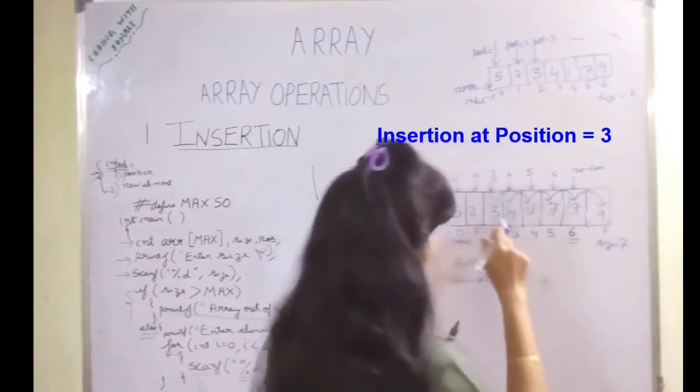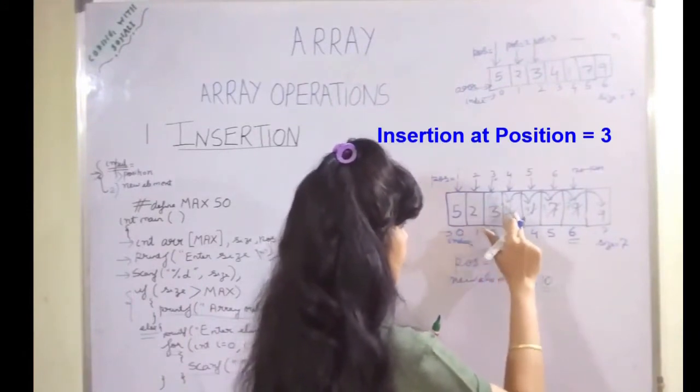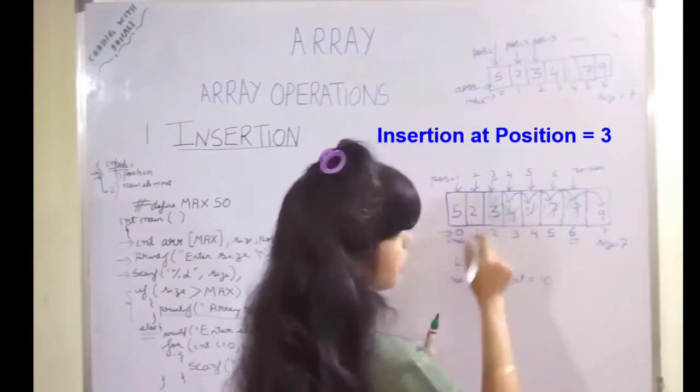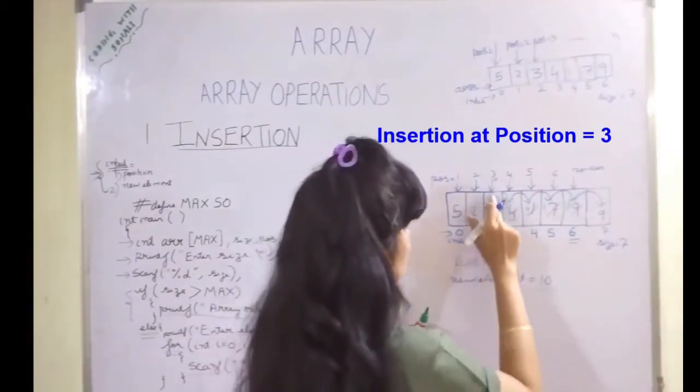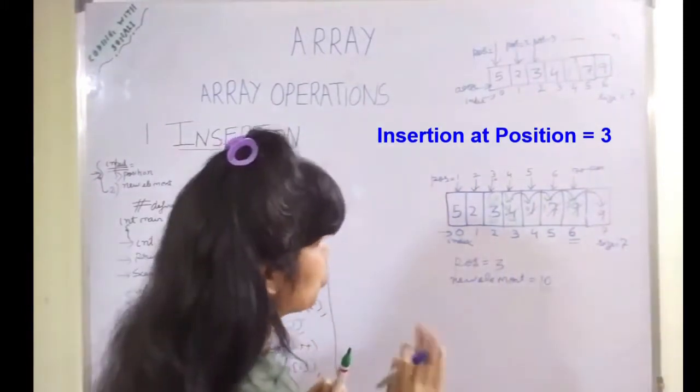We have already saved this 3 at the next position, that is at index 3, so we have 3 twice. Therefore at this position we can now insert this element, that is 10. I hope you understood the logic.